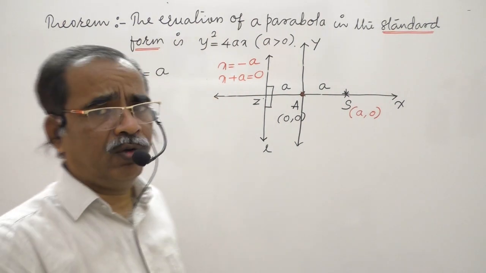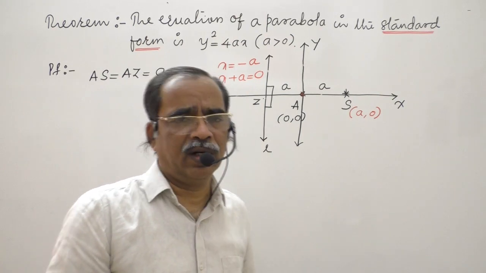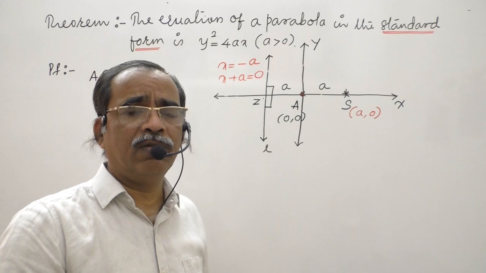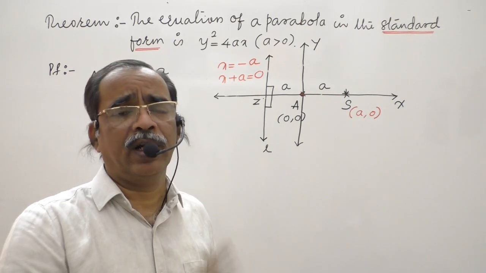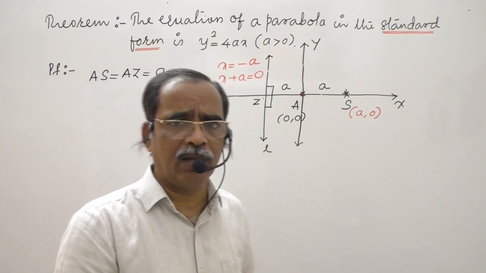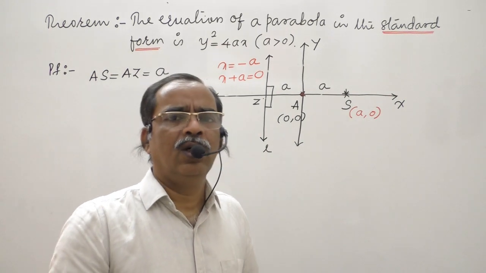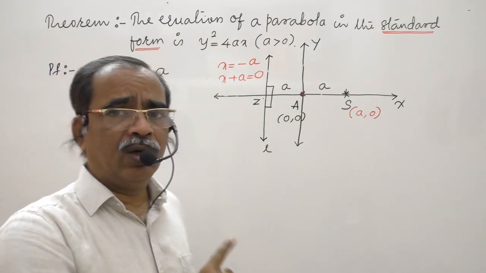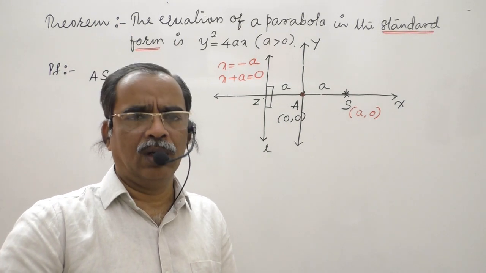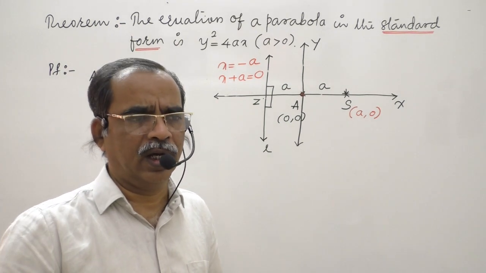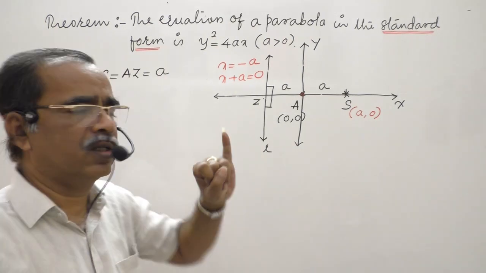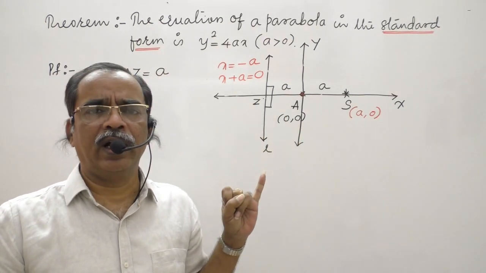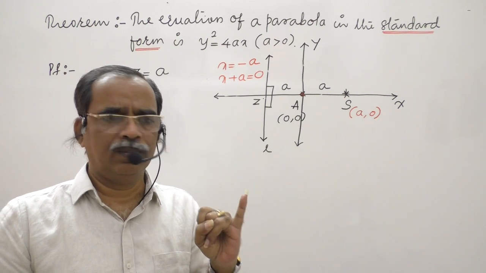So far what we did, once again I will tell you, in order. This proof is very important in all the descriptive examinations. You must learn this proof. Watch the video and note down all the steps clearly. First step: let S be the focus, L be the directrix of a parabola.